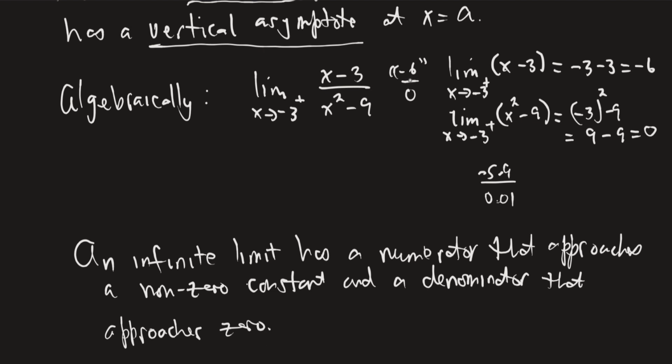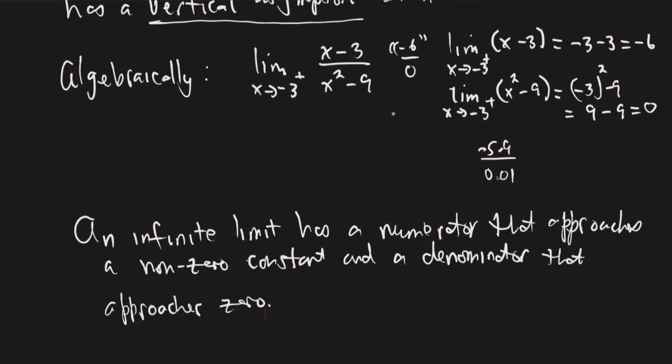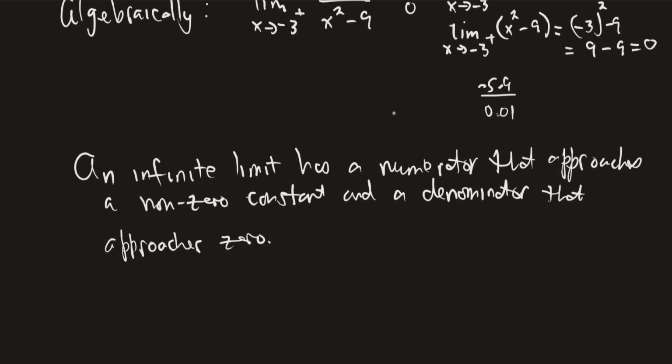The indeterminate forms involved having a 0 in the numerator and a 0 in the denominator, right? So let's just summarize, as far as the algebra is concerned.